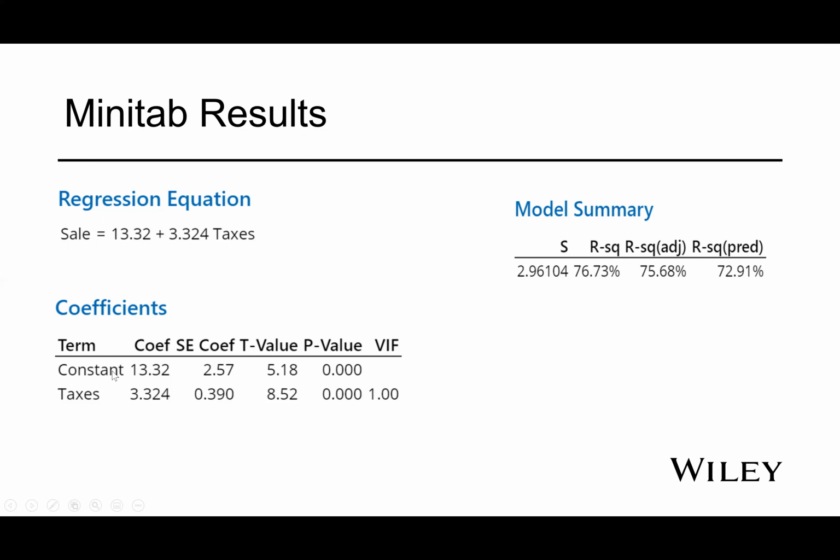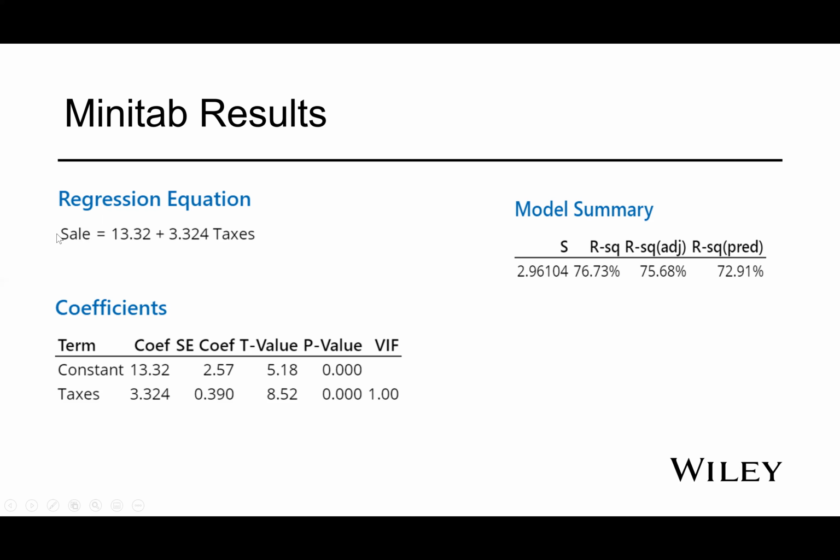So what is our predictor? Our predictor is the taxes. Our predictor is the X variable. That's very important. If you're taking notes right now, you want to write that down. Your predictor is the X variable. What is your response variable? Sale.